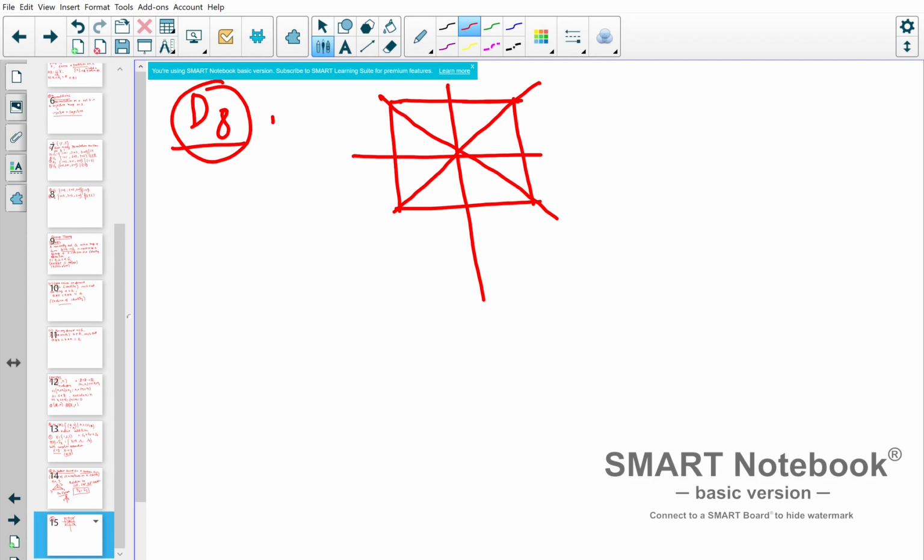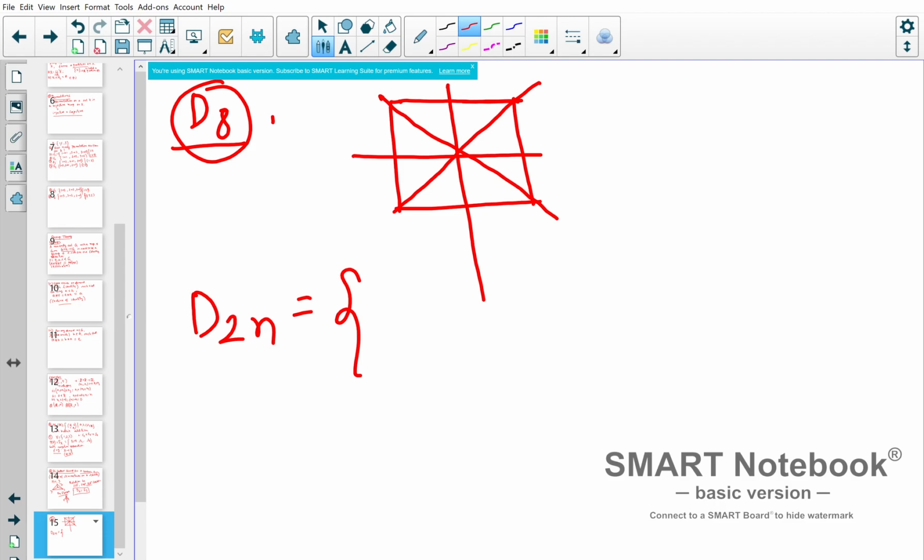So given an n-gon, D2n has 2n elements: the group of symmetries of an n-gon has 2n elements. And how do you write this group?